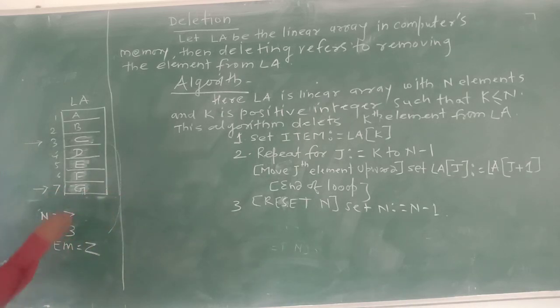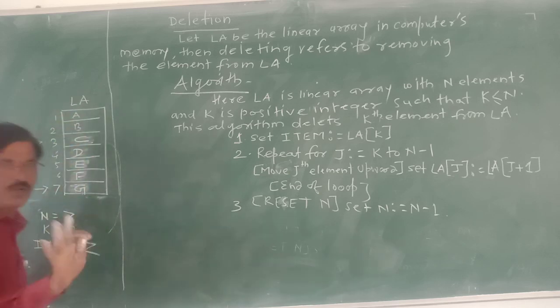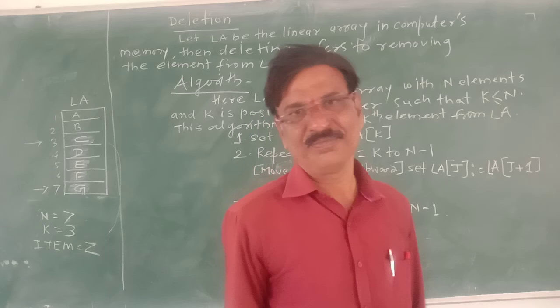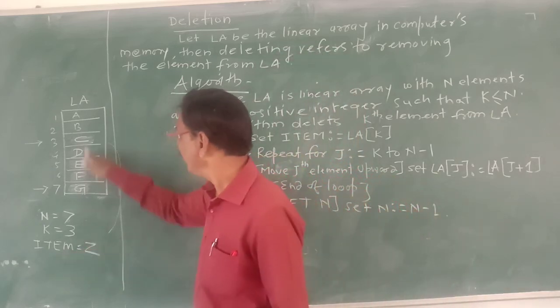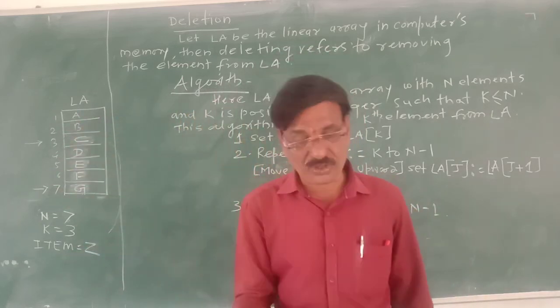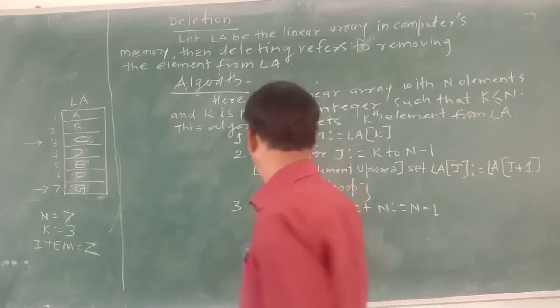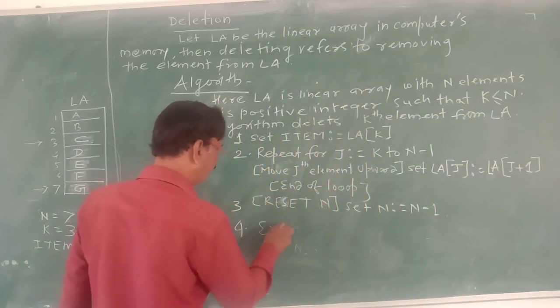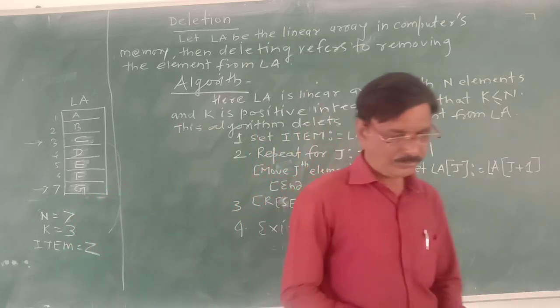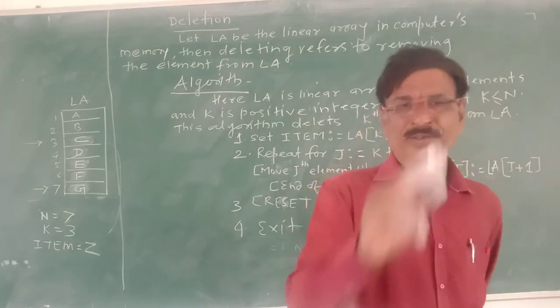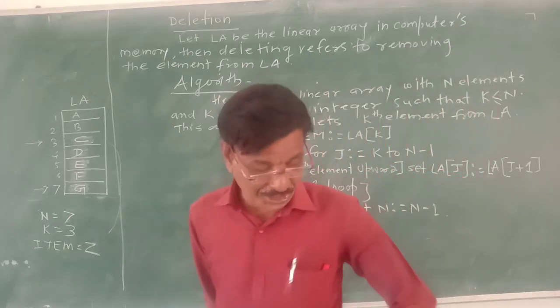Now you see A, B, C, D, E, F, G. Z is the item, now not in the list, deleted. So which item is deleted? Z. Previously it was there, now it is not there. So step number 4, exit. So this is the algorithm for deletion.